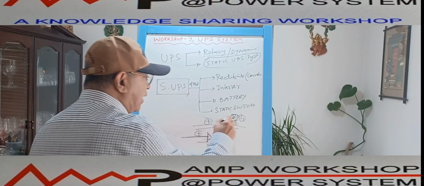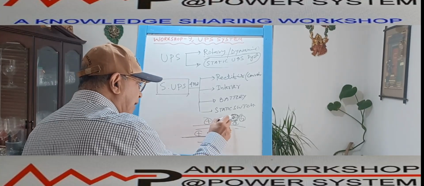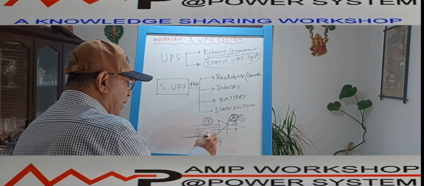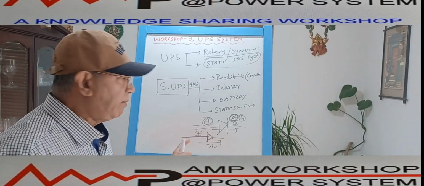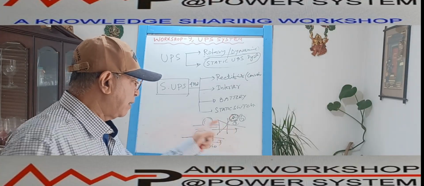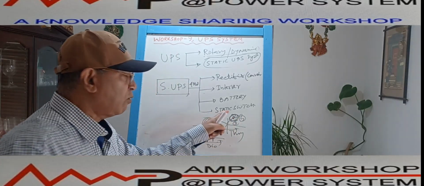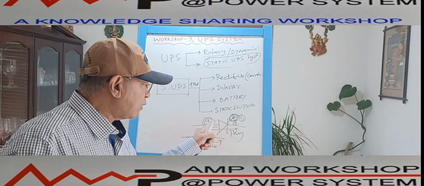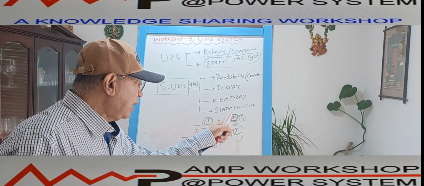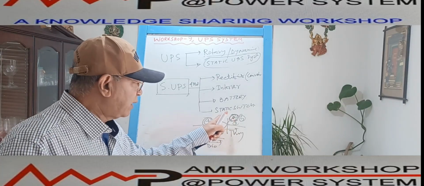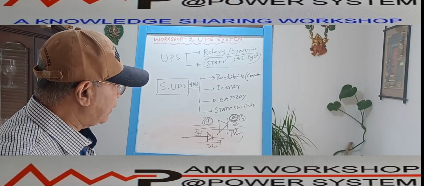If the gate is triggered, and at that time the anode is positive, then only it will conduct. That means the diode is a non-controlled device, but the thyristor is a controlled device. I can control the thyristor conducting period by activating the gate. So that is the difference between the diode and thyristors.